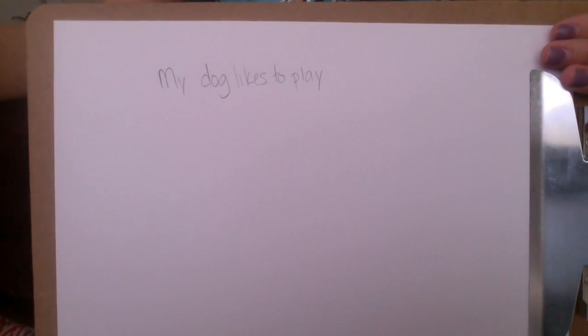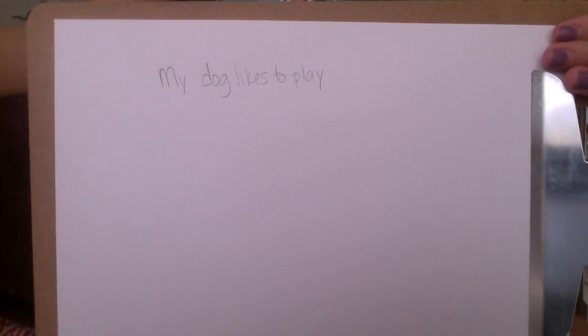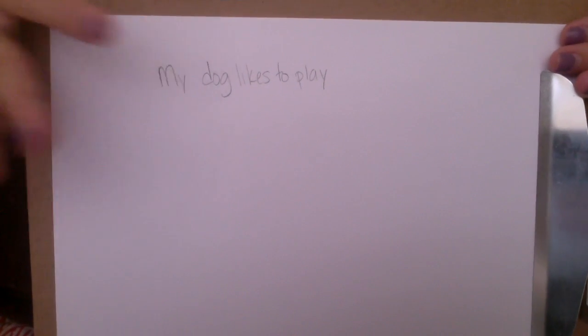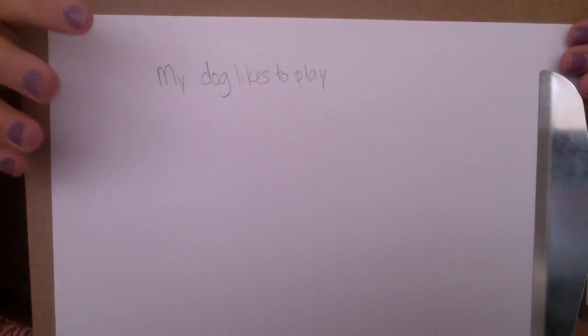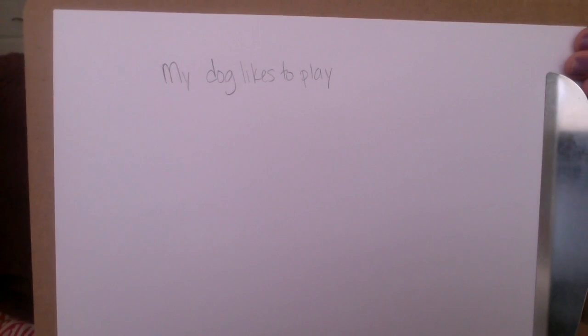And so here we go. This is how I'm going to show you how we use this rubric. During our writing time, my mentor teacher and I go around and we conference with the students. As we're walking around, this is an example of what a student's work might look like. If I came over to the student and saw that this is what their sentence said, I would say, look at our rubric, and what is the first thing we do on our rubric?